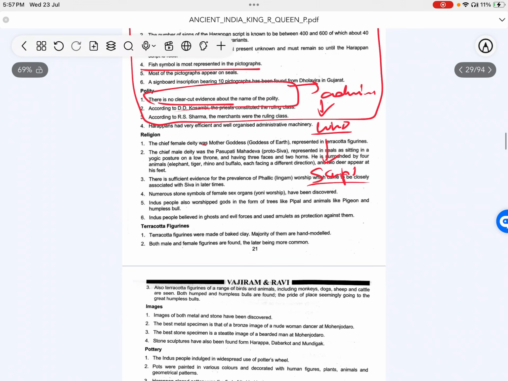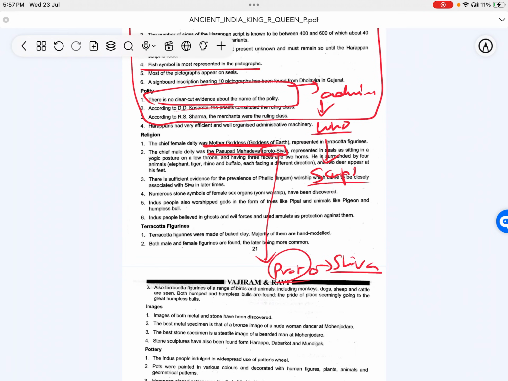And religion: mother goddess and Pashupati, Proto Shiva. Why Proto? Because it's proto history. So we don't know whether it is Shiva or not, but it seems so because of the animals, and these animals are very important for prelims.